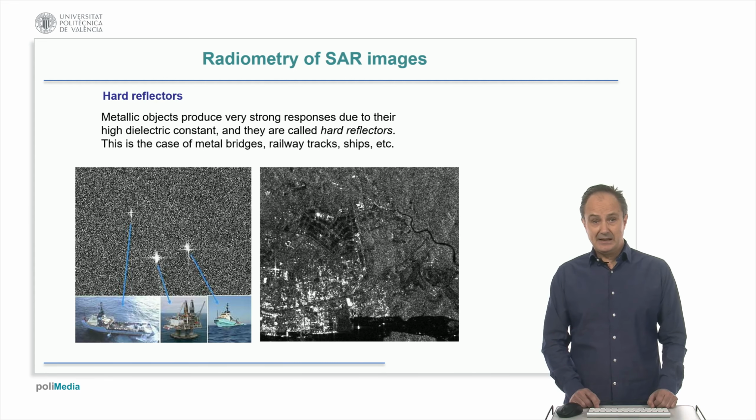Usually, metallic objects produce very strong responses due to their high dielectric constant, and they are called hard reflectors. Examples of those are metal bridges, railway tracks, ships, or metallic towers, as shown in these pictures.